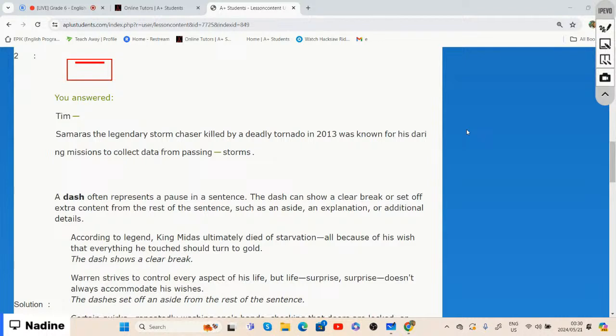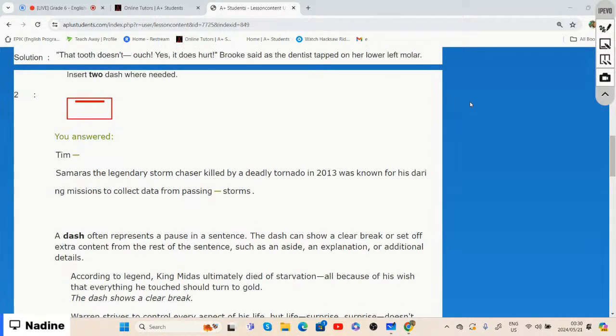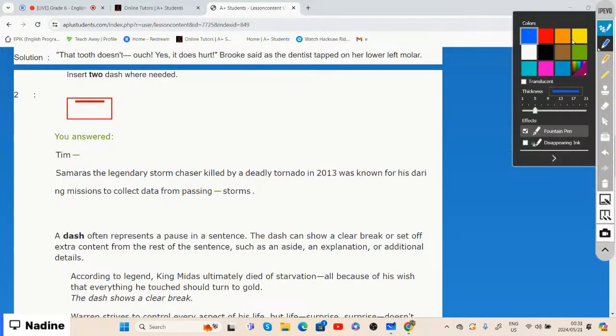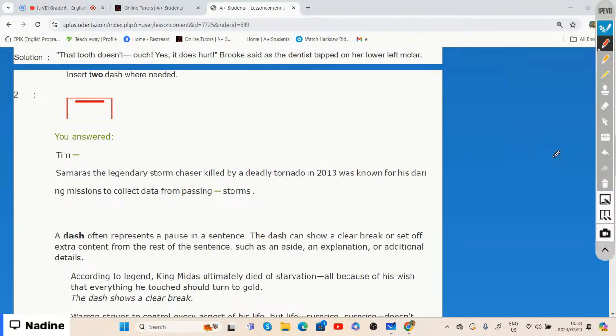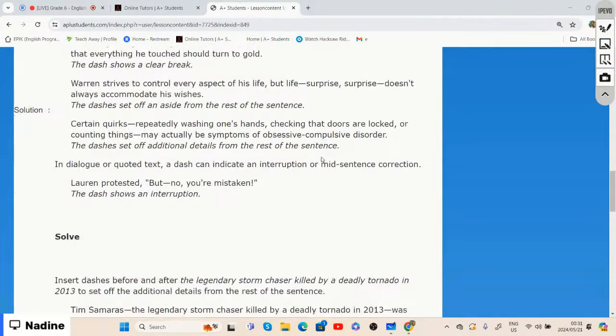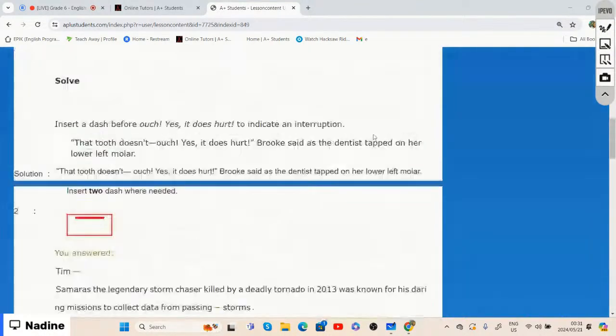If we were to add two dashes where needed, then we're going to have to rewrite this whole sentence. I don't know if the person's name is Tim Samaras or just Samaras. Let me just double check. All right, the person's name is Tim Samaras.